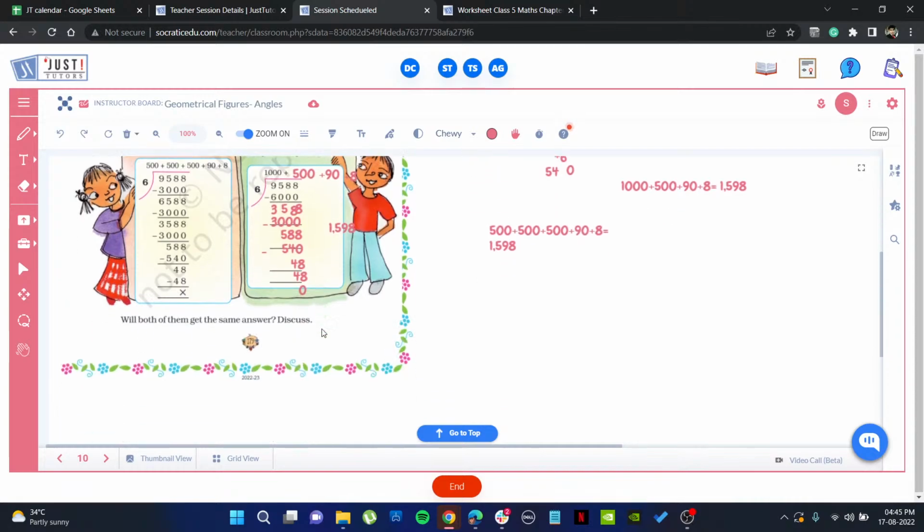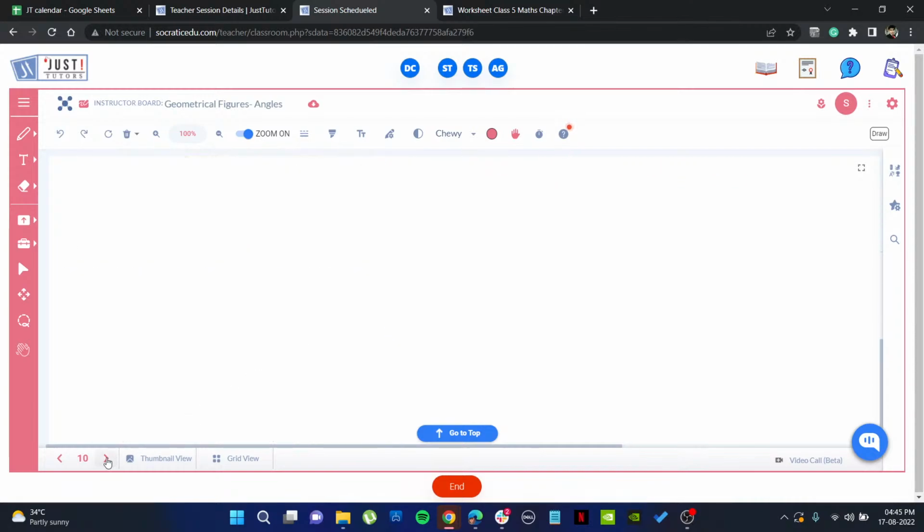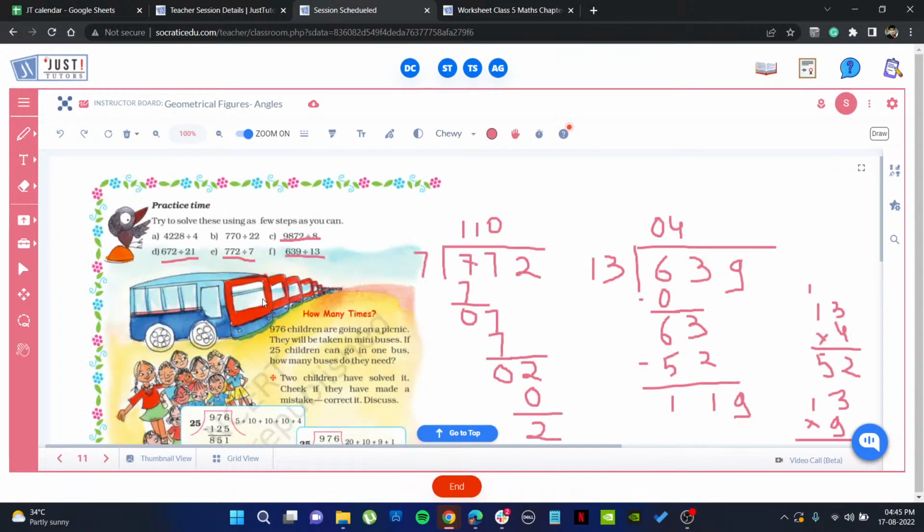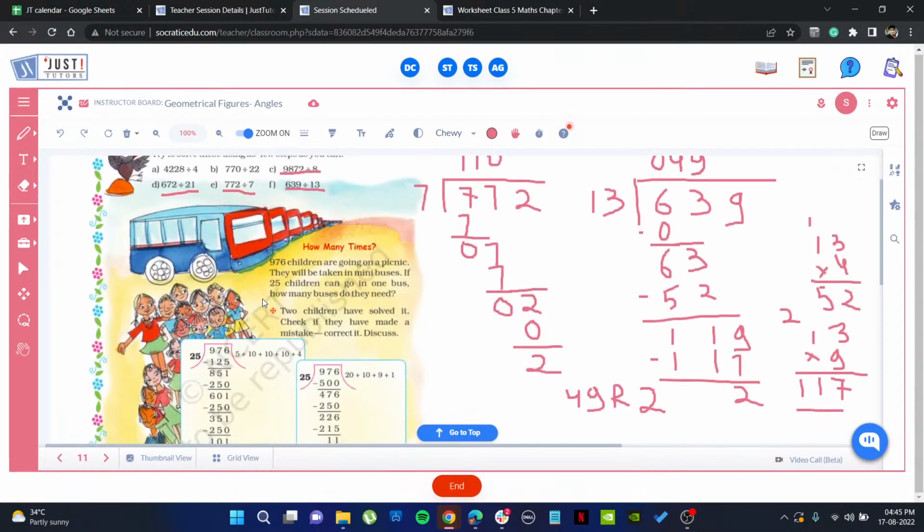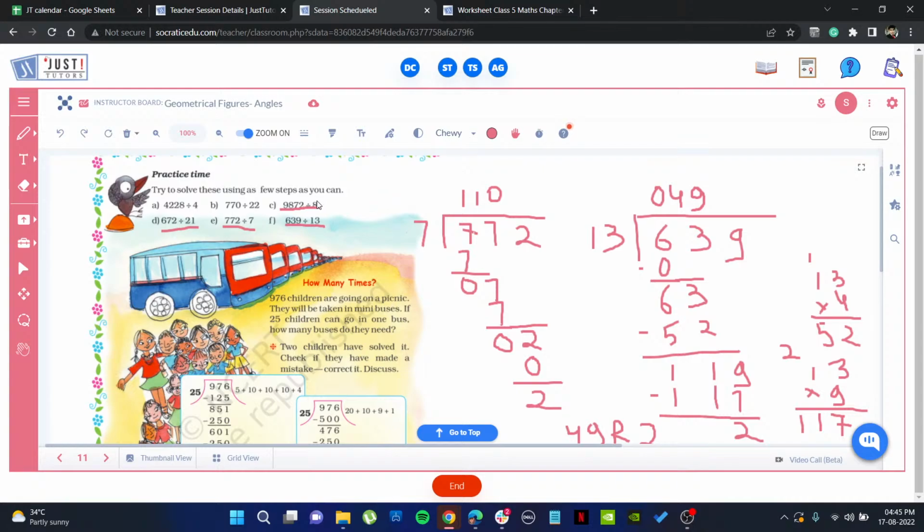We have also learned about some practice questions in which we have solved these 6 questions. First, how we perform division: we first start dividing the first number.